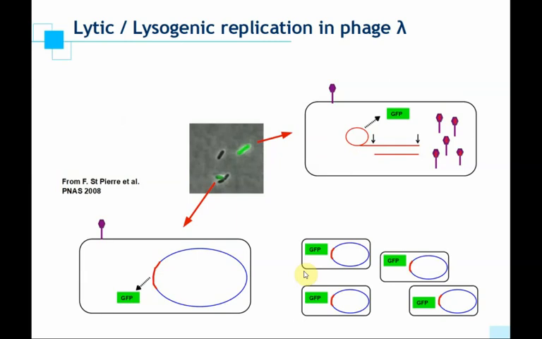Under certain circumstances, the phage genome can be excised, and then it will restart a lytic cycle. So lambda phage and other temperate phages are switching. Some of the time they are integrated copies in a bacterial genome. Some of the time they are free viral genomes in a phage particle.